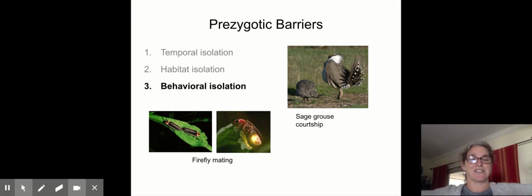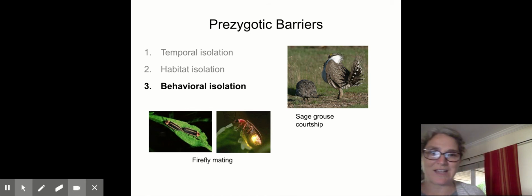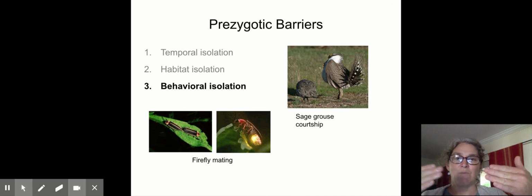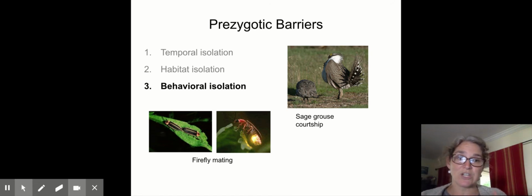He's bringing his tail out, moving and puffing up his chest, making a big display and some vocalizations. That is attractive to the female sage grouse. It's not going to be attractive to a female of a different species. So this helps keep them behaviorally isolated. They are in tune only with the courtship rituals of their own species.